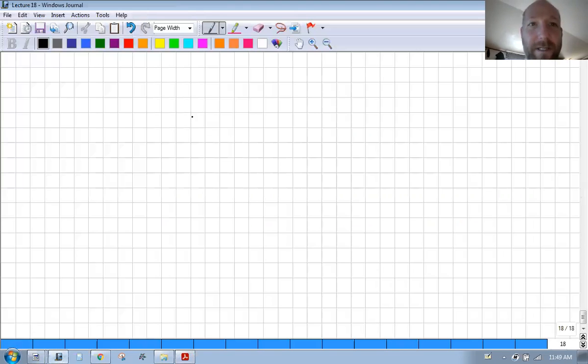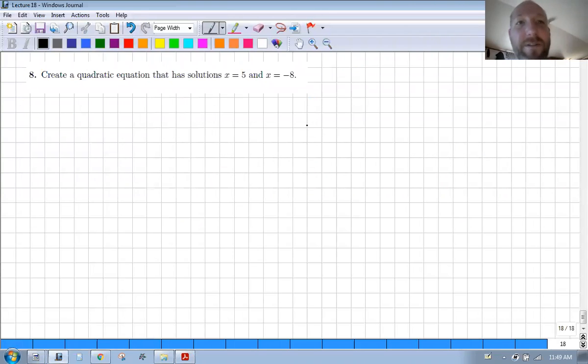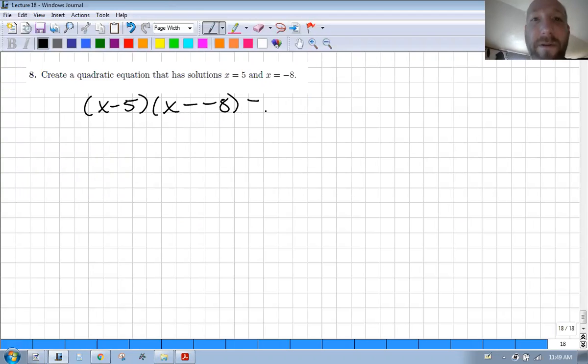Let's look at number 8. If we want to create a quadratic equation with these solutions, we can work backwards using the zero point method. We do x minus 5 and x minus negative 8. Just do x minus both of these. We have our quadratic equation.